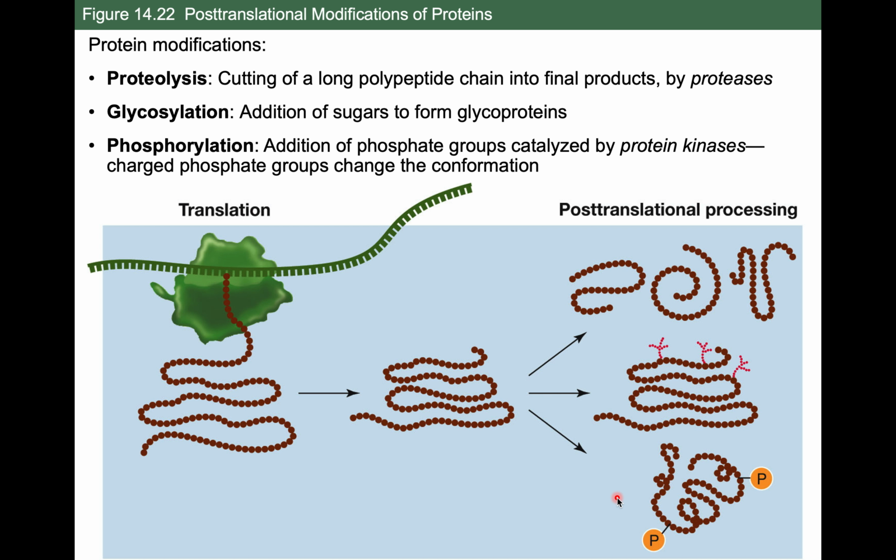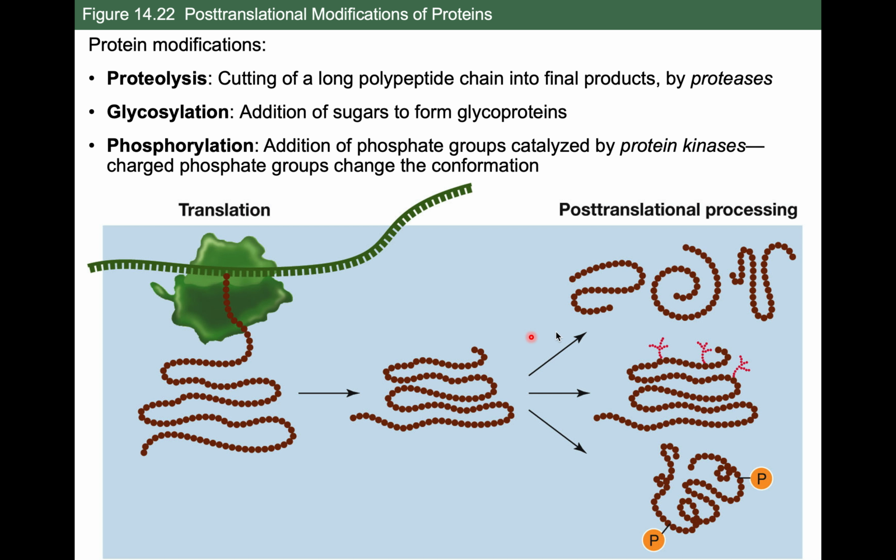Okay, then, just a few other common modifications that might happen. Maybe you make a protein, a big long polypeptide like this, but in order for it to actually be biologically active, it has to be cleaved into two or three parts. So that would be an example of what's called proteolysis.